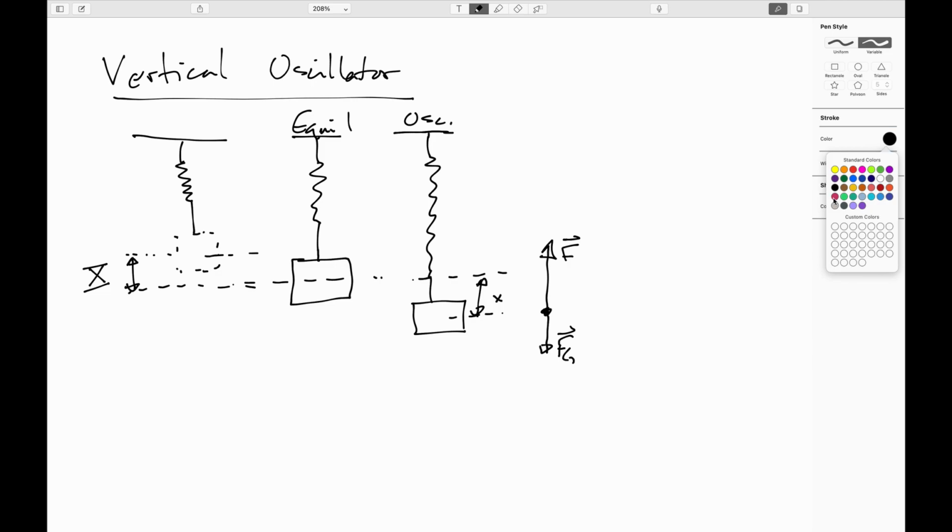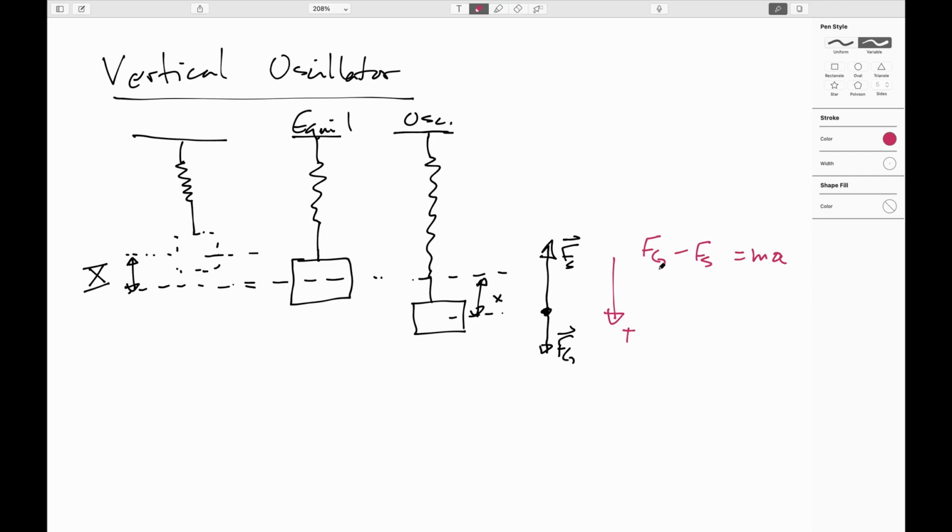I think that's going to make the most sense here. So making down positive, we've got the force of gravity acting down. We have the force of the spring pulling back up, so minus Fs. That equals ma, and I'll let the sign of the acceleration sort itself out through the math.